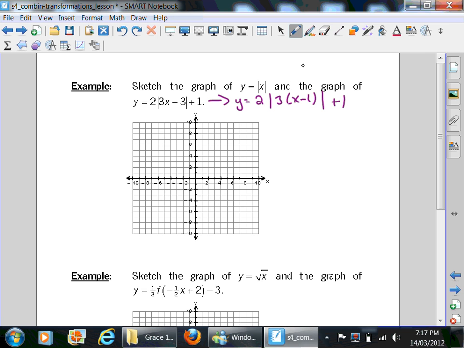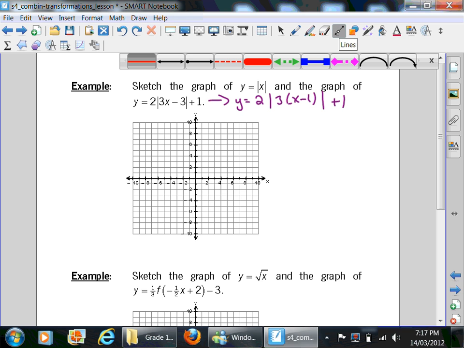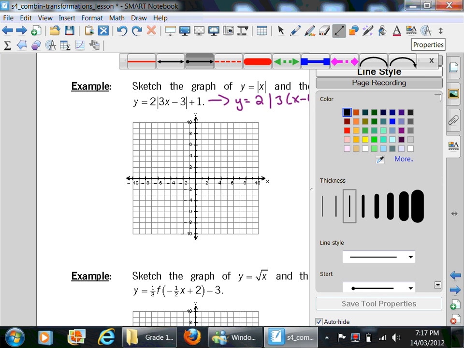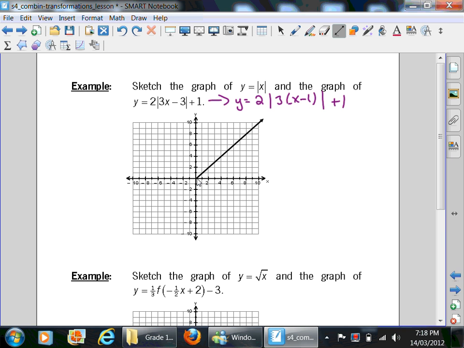First things first, I guess we should do the absolute value of x. So the absolute value of x should be pretty straightforward. I'm going to take this guy and just, I don't want that little thinger in the middle. I think that just looks silly. There we go. So, absolute value of x is going to look like this.